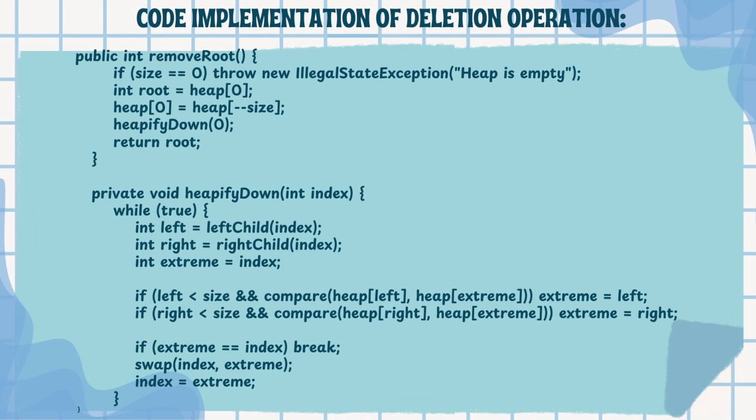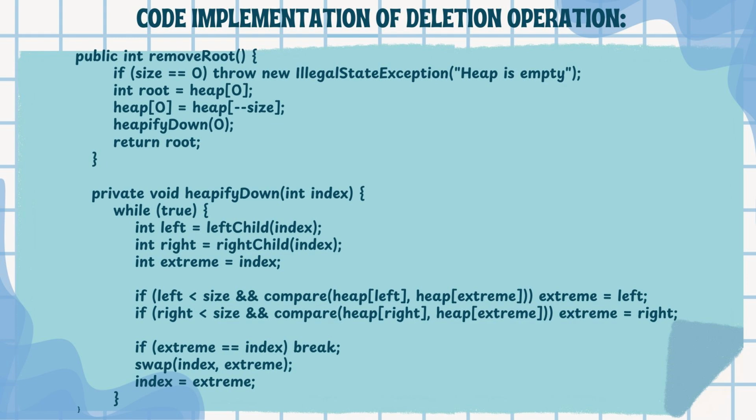Left is assigned the left child index, and right is assigned the right child index, and there is another variable called extreme. It finds the left and right child indices of the index.